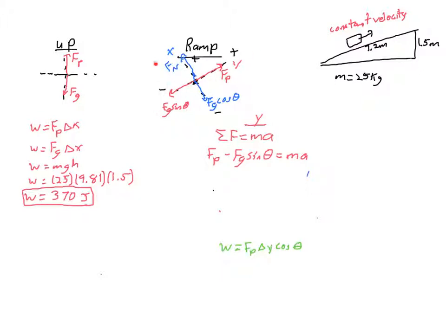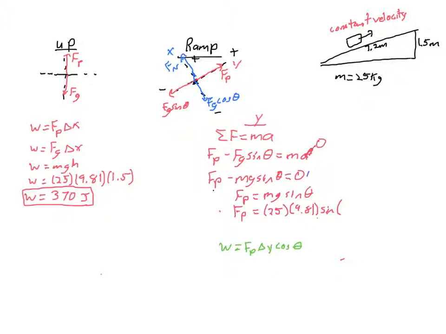The reason I need the x-axis is friction with normal force, but I don't have any friction. So Fp minus Fg sine theta equals ma. And since I'm going at constant velocity, I know this acceleration right here is 0, leaving me Fp minus, I'm going to go ahead and break Fg into mg sine theta equals 0. And now I can add that over, so Fp equals mg sine theta.